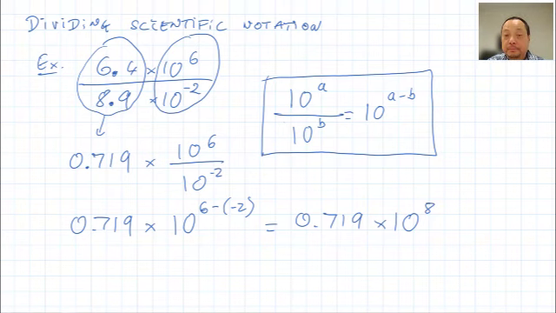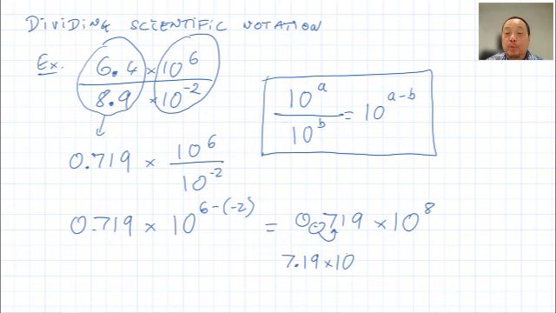I think I'm done, but I'm not. This number is in the wrong format. It cannot be 0 point something. I need to move this decimal point here over there. That gets me 7.19 times 10 to the.